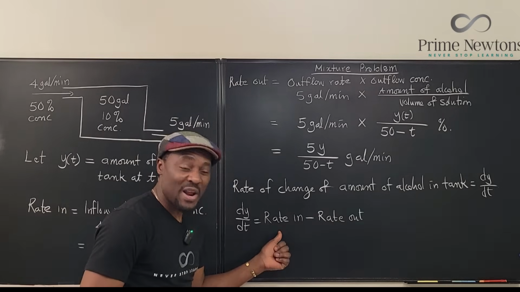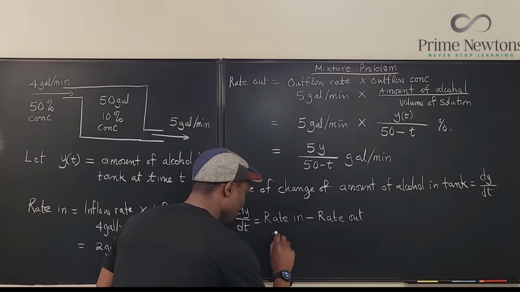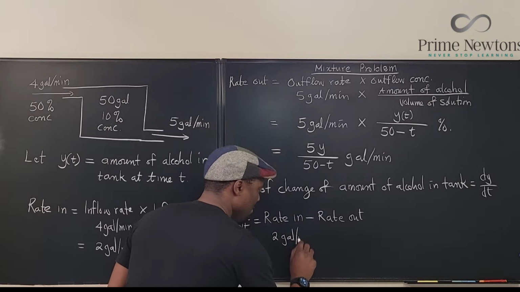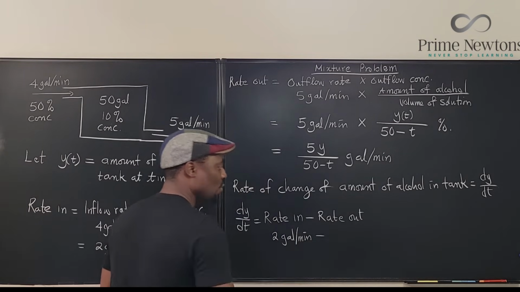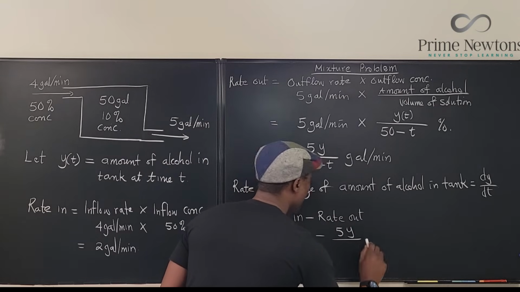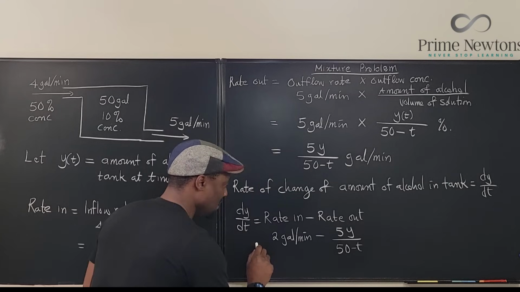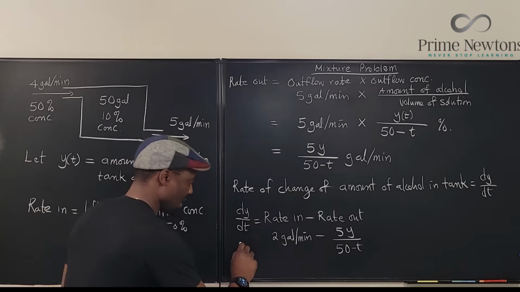Now, what is the rate in? We calculated it to be 2 gallons per minute, minus what is the rate out? We just found it to be 5y over 50 minus t. And that's our dy/dt.